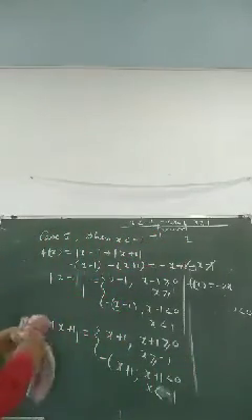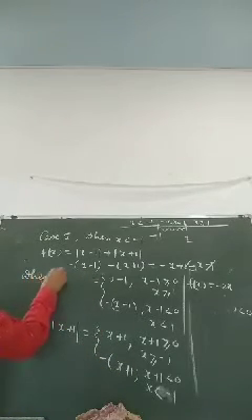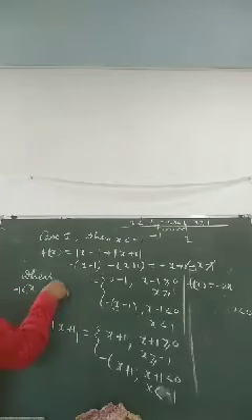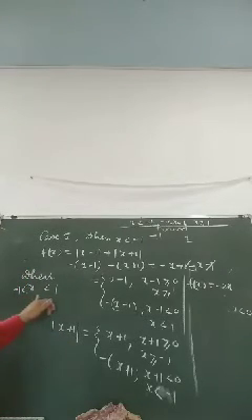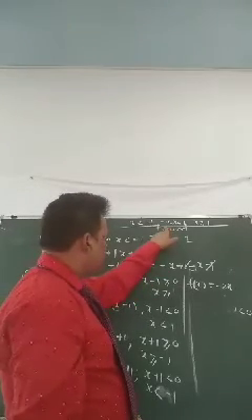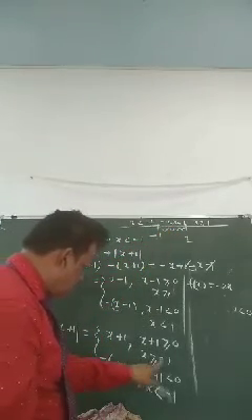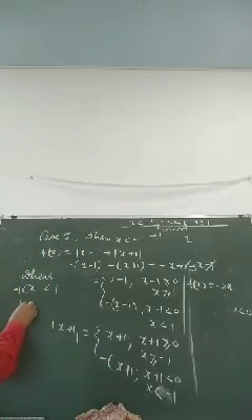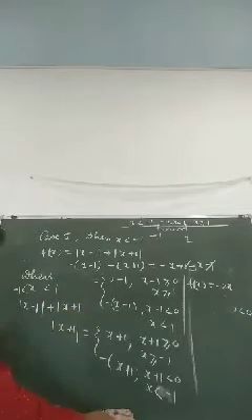So next question will be, when x lies between minus 1 and plus 1. So when x lies between minus 1 and plus 1, that means x is greater than minus 1. This value will be mod of x plus 1. Try to see.